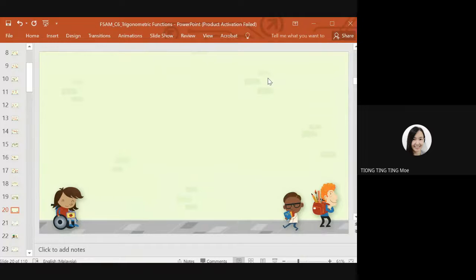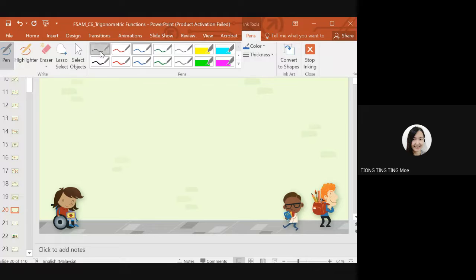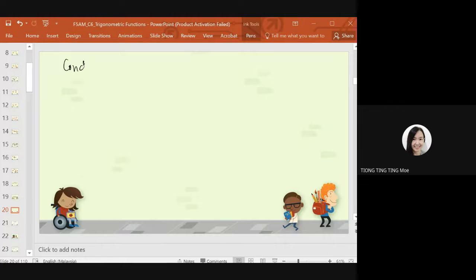Okay, so we do some conclusion. Conclusion today about positive or negative angles. So first step, you have to know whether it's positive or negative.